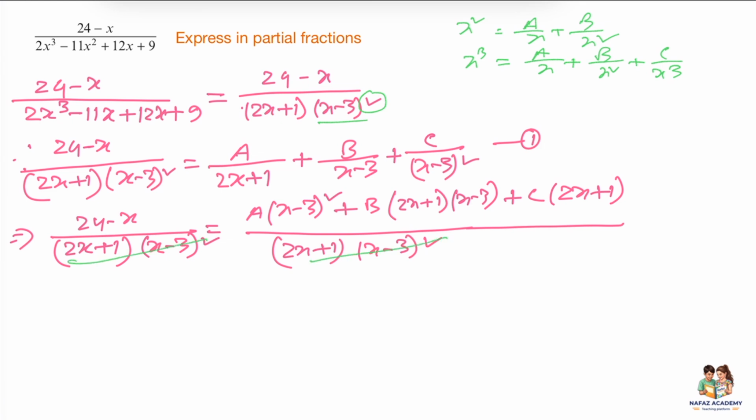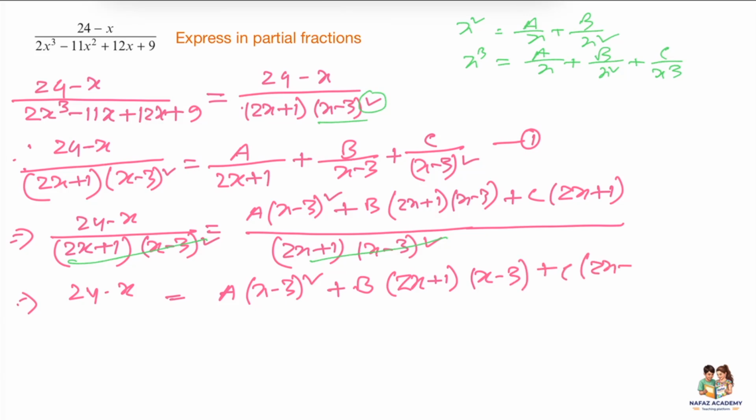And you know, cancel out both of them, they are the same. 24 minus x equals A times x minus 3 squared, plus B times 2x plus 1 times x minus 3, plus C times 2x plus 1. It is equation number 2.